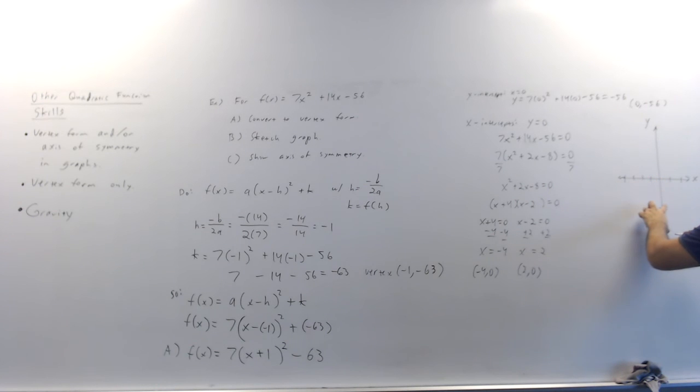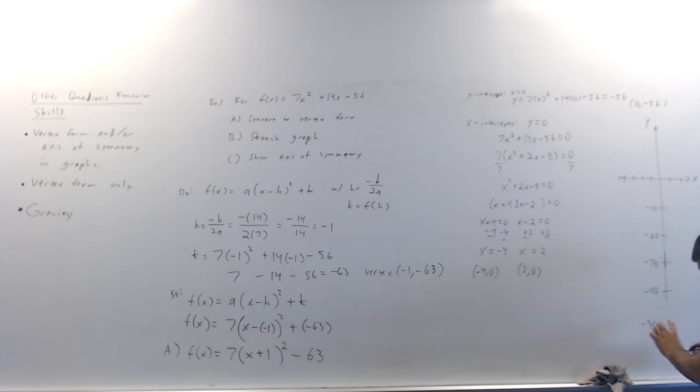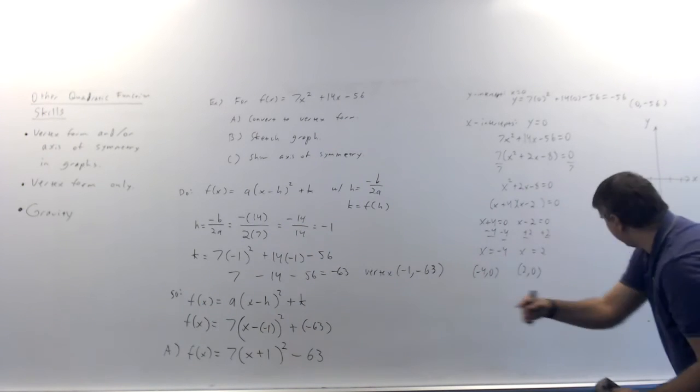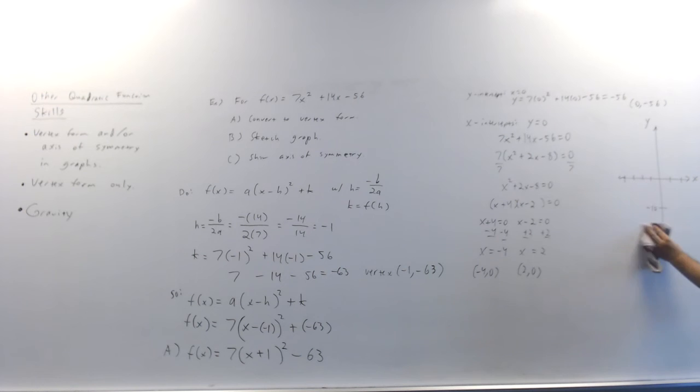Negative 10, negative 20, negative 30, negative 40, negative 50, negative 60, and it looks like I need to at least account for negative 70. Again, folks, whenever they get really this big, it can be difficult to do this.